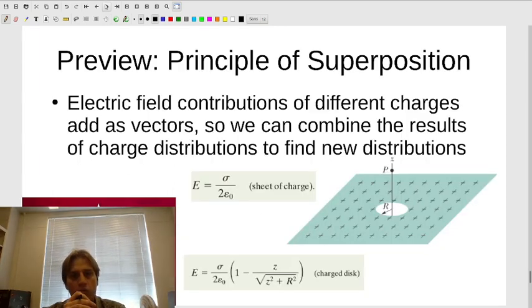Okay, so where am I going with this? I am going to a place where we can do problems where we combine these things together. So for instance, we just found this infinite sheet of charge.